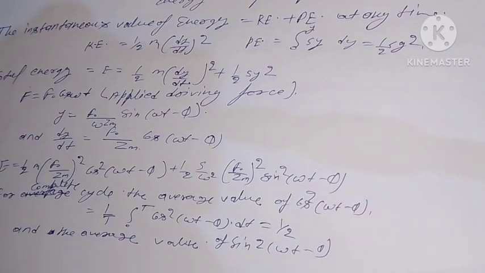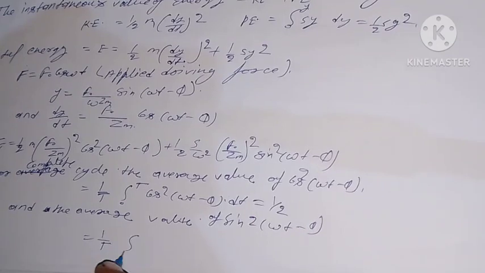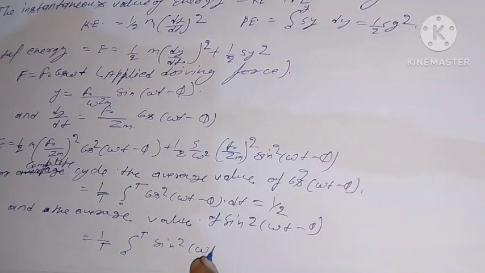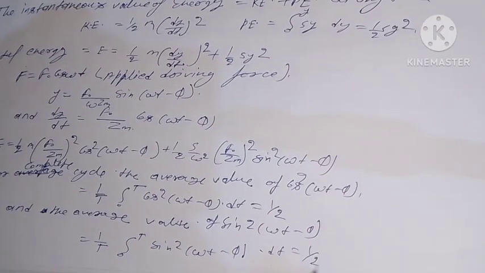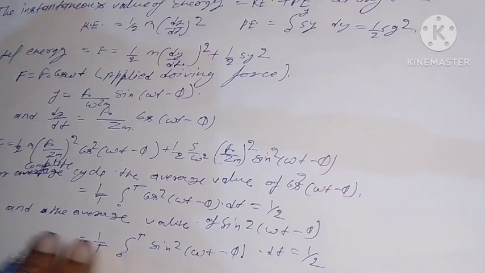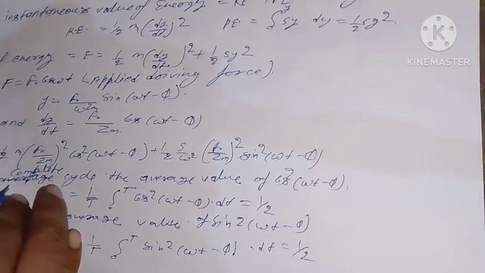And the average value of sin square (omega t minus phi) equals 1 by T integral 0 to T sin square (omega t minus phi) dt, equal to 1 by 2.